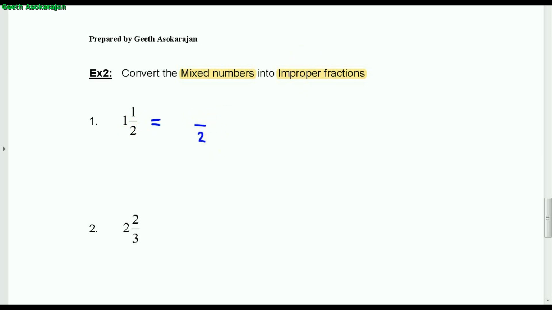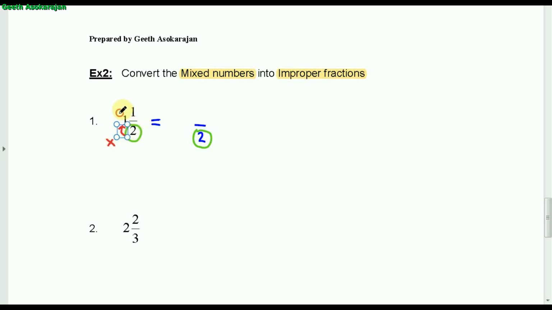Okay, so if I take my green colour pen, let me change the pen colour. This 2 we write down there. That's the first step. Okay, and in order to get the numerator term, the term on the top, here is the next step. We multiply the 2 by the 1.